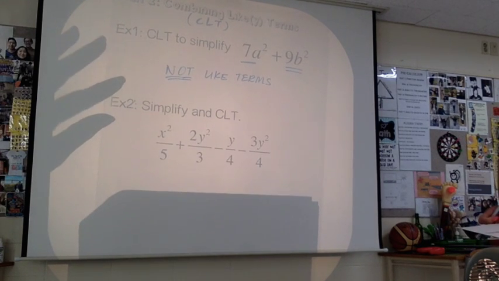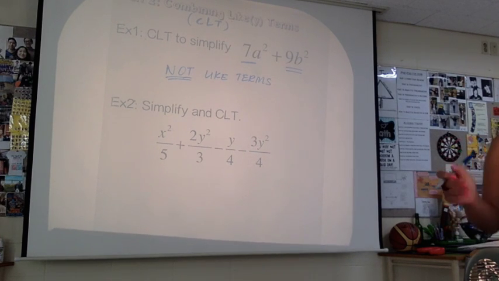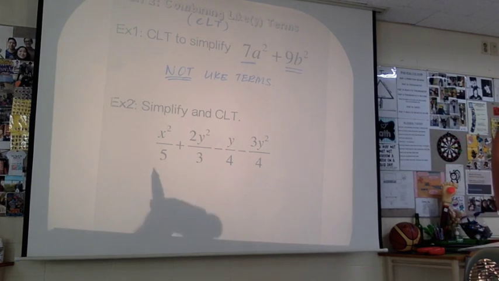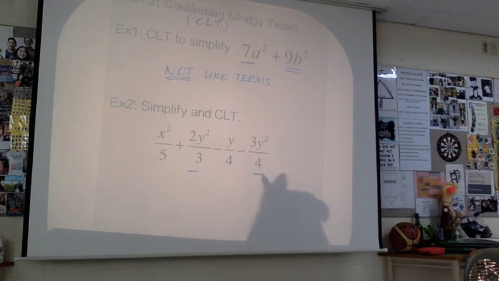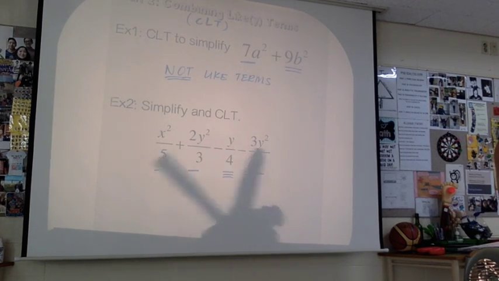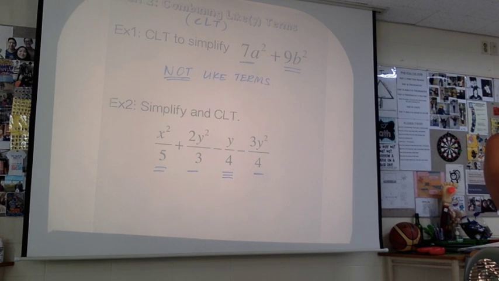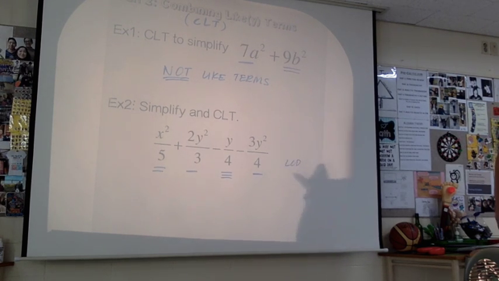Let's look at this one. Whoa. Don't be afraid of the fraction, okay? We have to think, are these like terms? This guy and this guy have y squared, but this guy is alone and this guy is alone, because there are no y's and no x squares anywhere else. So we can try to combine just these two together, but they still need an LCD. The LCD is 12.